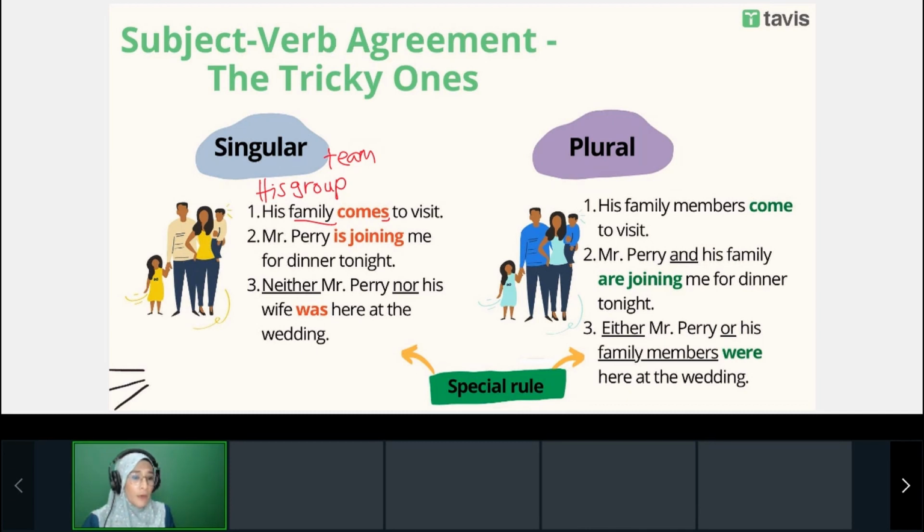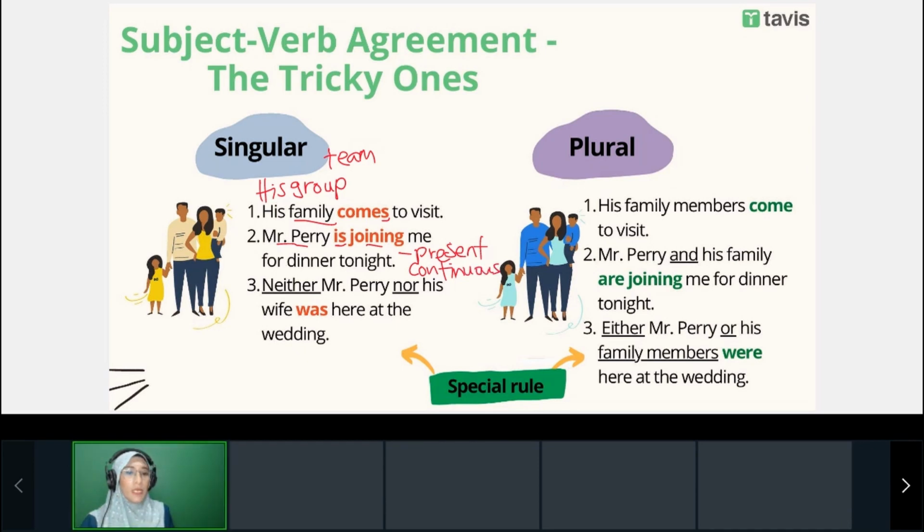if you have Mr. Perry is joining me for dinner tonight. This one is one person, Mr. Perry. But as you can see here, we have is joining. Now this tense is actually called present continuous.